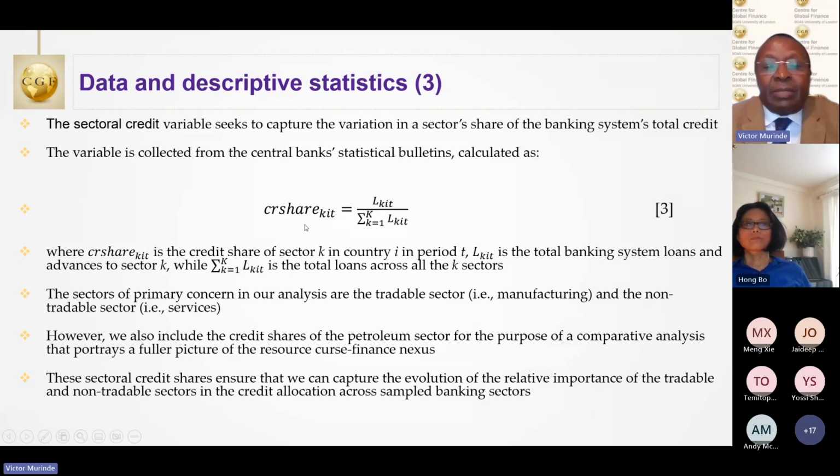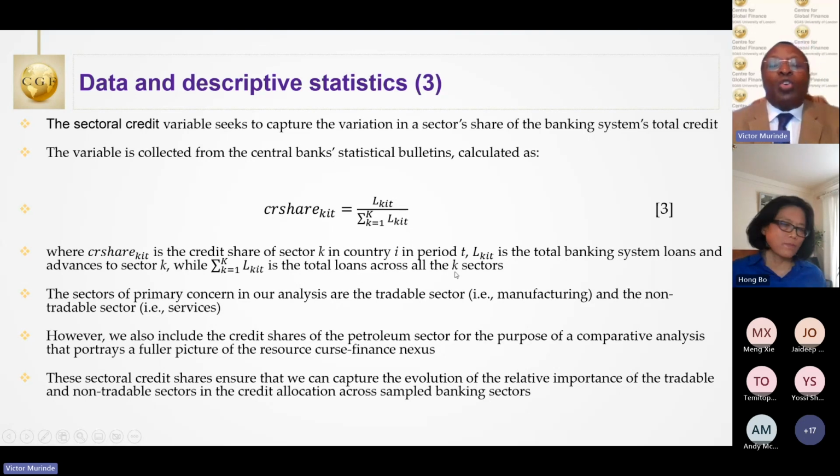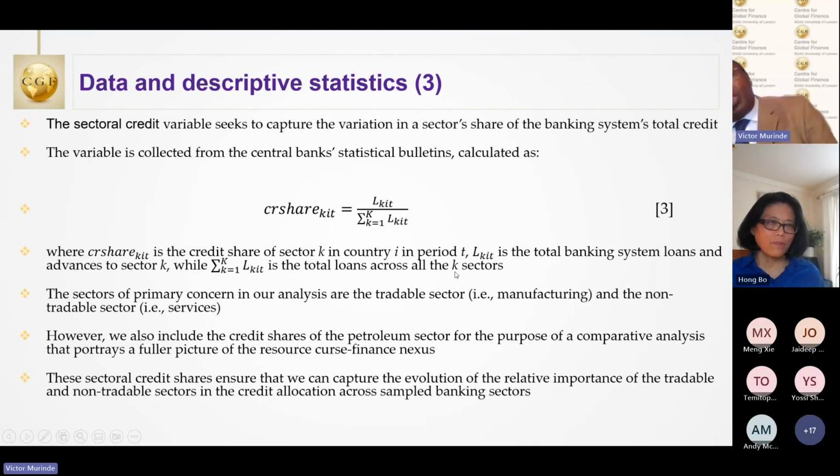And here is the formula that we use, whereby CR share is the credit share of sector i in country i in period t. And we are basically summating the total bank credit system, loans and advances to sector k in country i at time t, as a share of the total loans across all the sectors in the economy. So this is our computation.